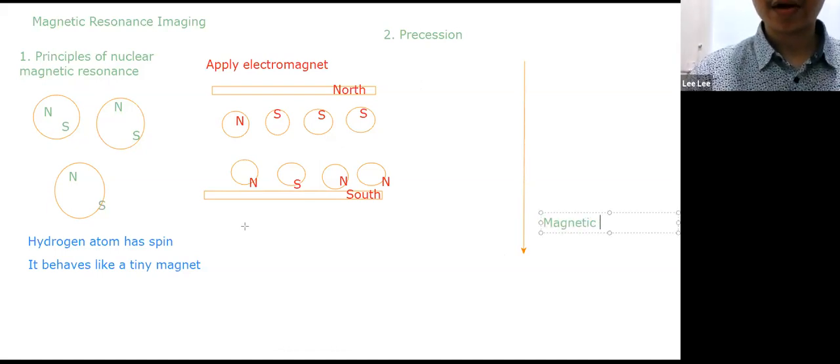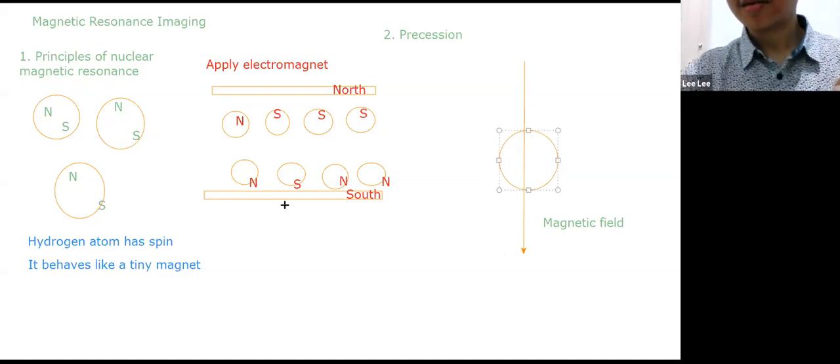Your magnetic field applied just now is heading from north to south, so from top to bottom. Understand? This one is our magnet just now. So your magnet is aligned. Most of them are aligned along the field. Only few of them resist the field.